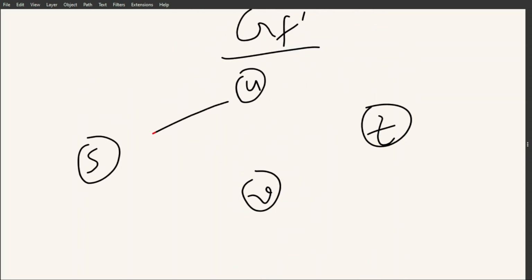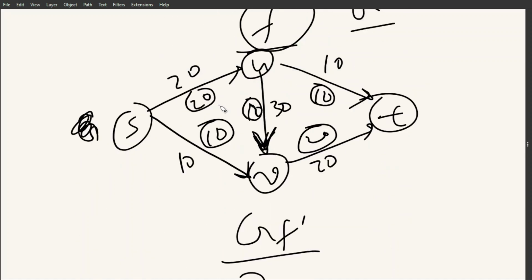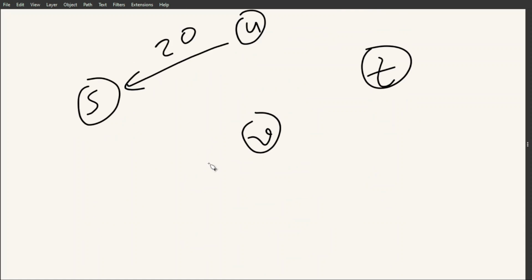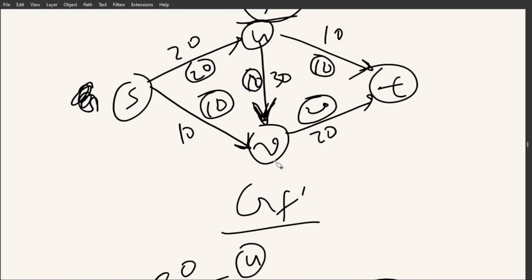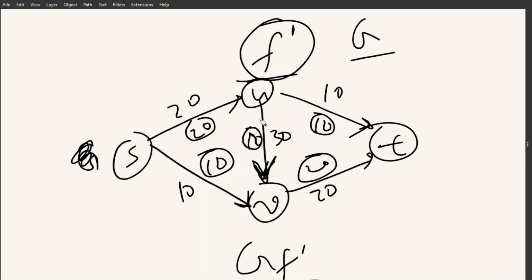So make it like this, 20. Then here also the same thing. Flow is full. There is no forward edge, only a backward edge of cost 10.